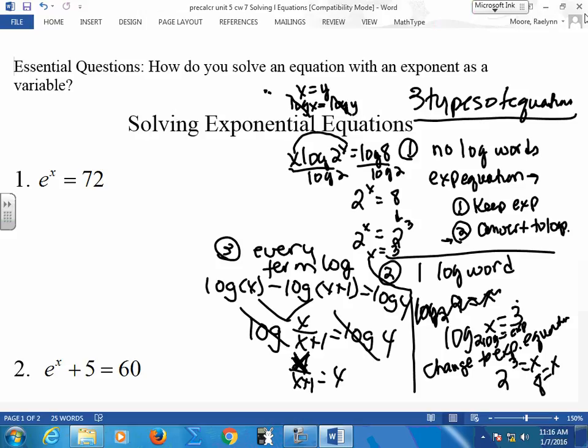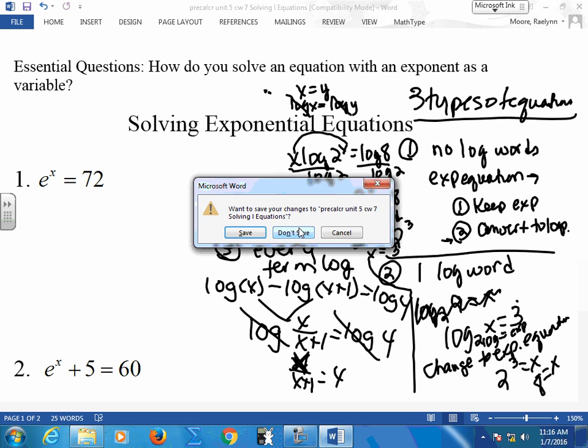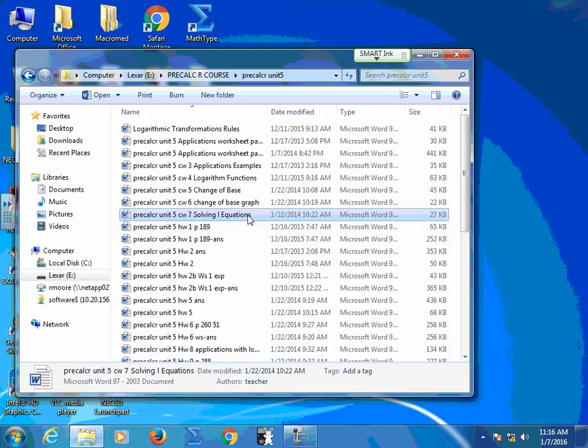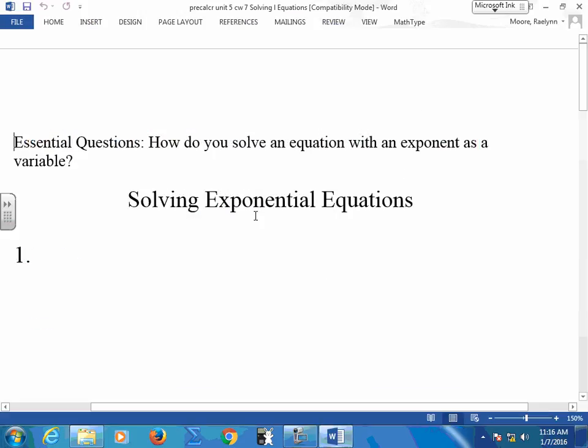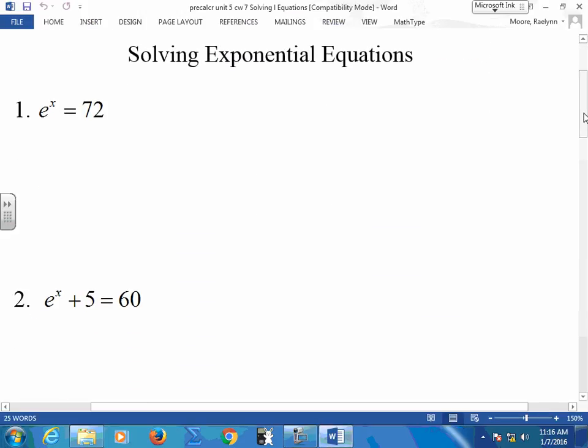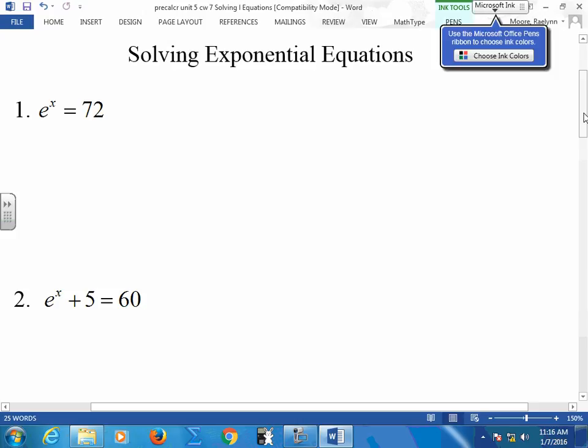So I need to get rid of all of this. Let me start again here. All right. Now we're going to look at our 3 types. So this guy, I'm going to rewrite this like this.